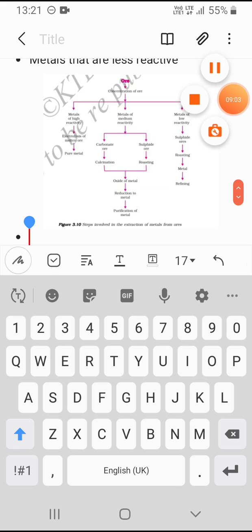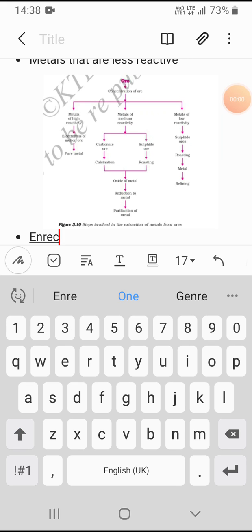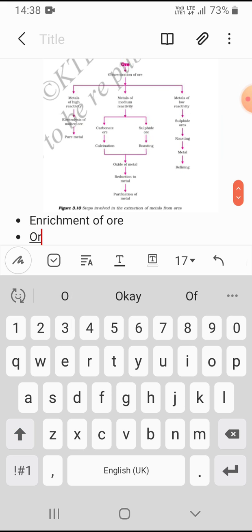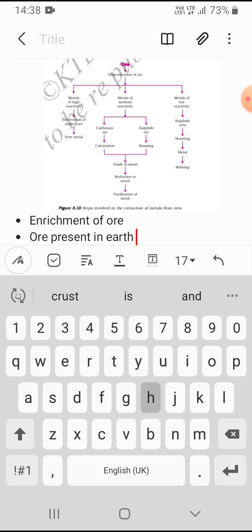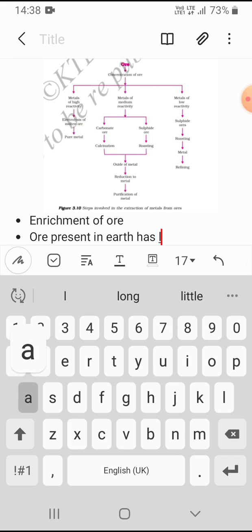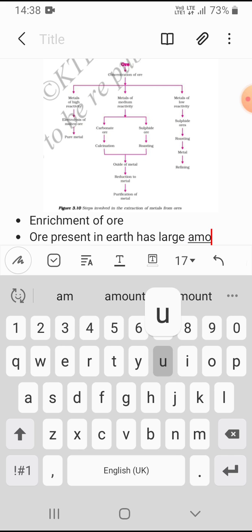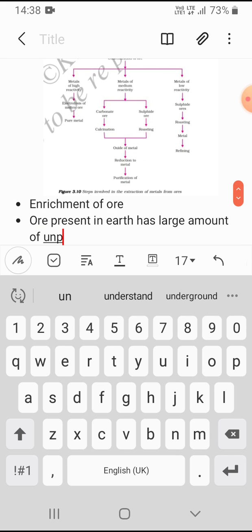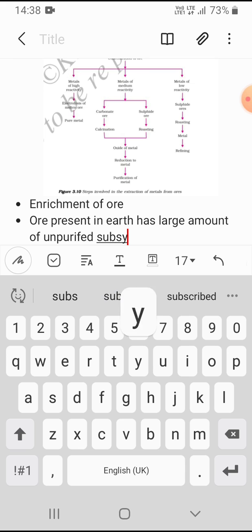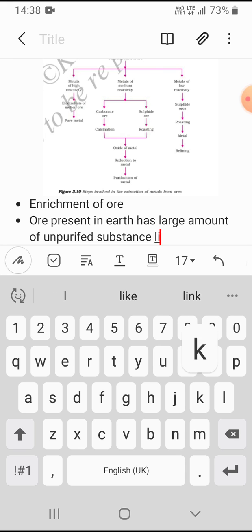After extraction of metal, the next step is enrichment of ore. Ore present in the earth has a large amount of unpurified substances like water, soil, and other things.